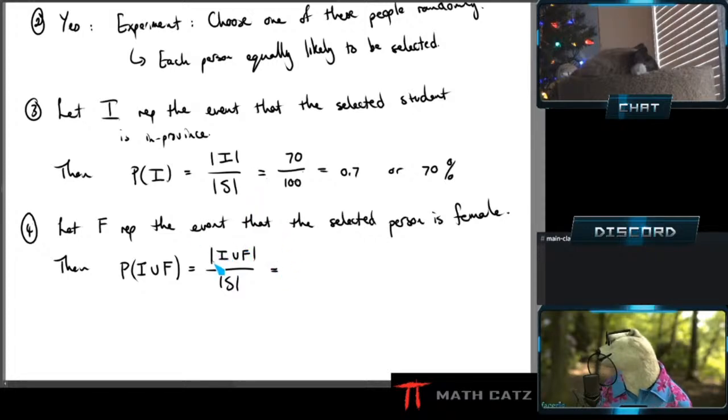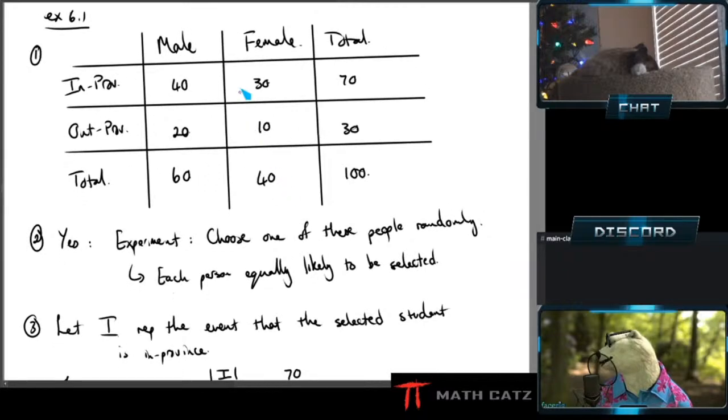So I'm looking for in-province or female or both. Let's see. In-province, I'm going to make it pink. Those are in-province, those are in-province, those are female. And this 30 happens to be both. So all of those together will satisfy the restriction in one way or another. Some just in-province, some just female, and some both.